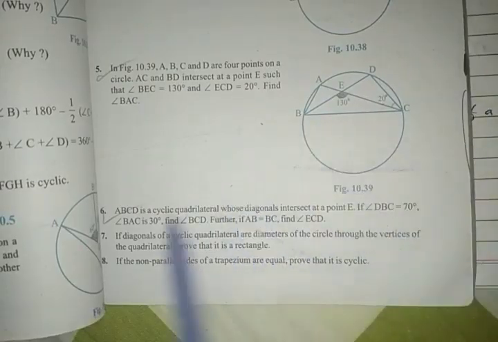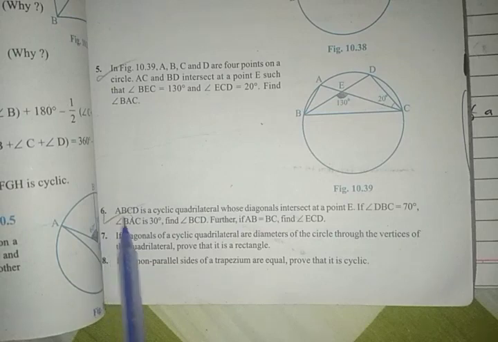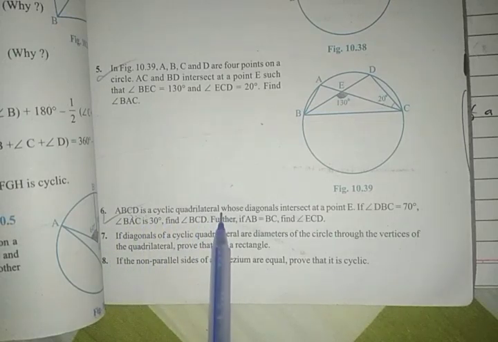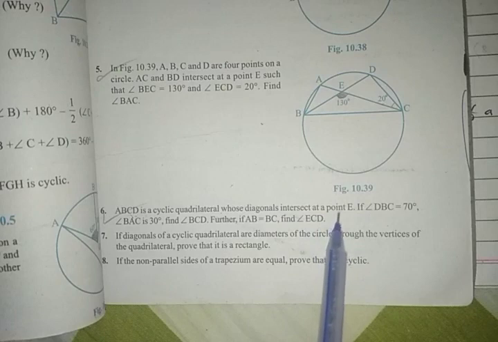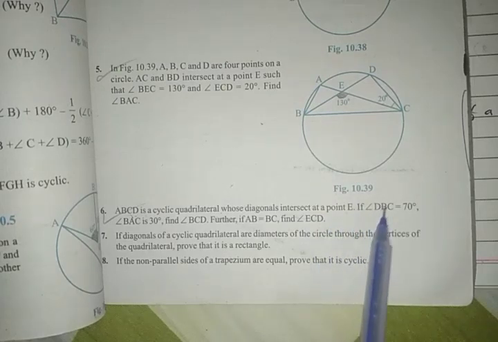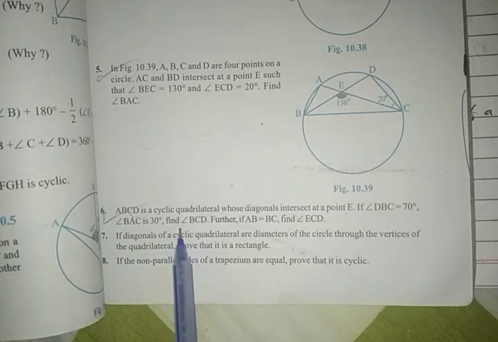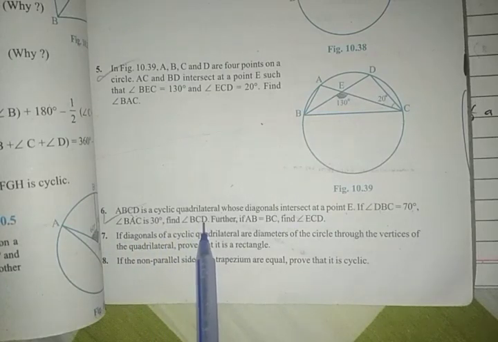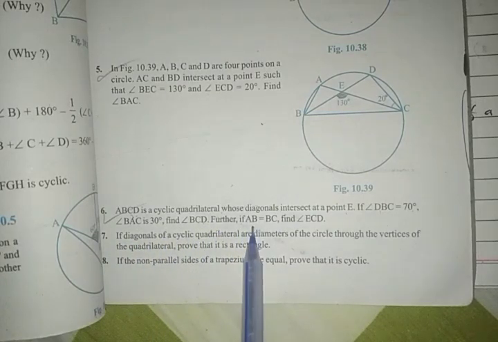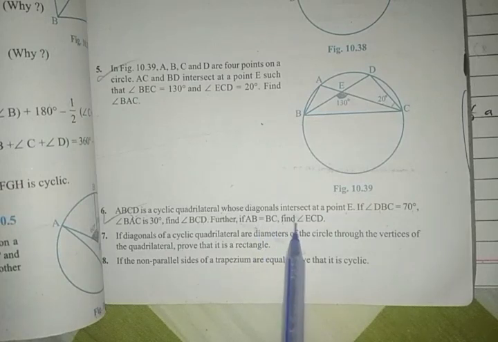Now let's solve the 6th sum. It says that ABCD is a cyclic quadrilateral whose diagonals intersect at point E. If angle DBC is 70 degrees and angle BAC is 30 degrees, find angle BAD. Further, if AB equal to BC, find angle ECD.